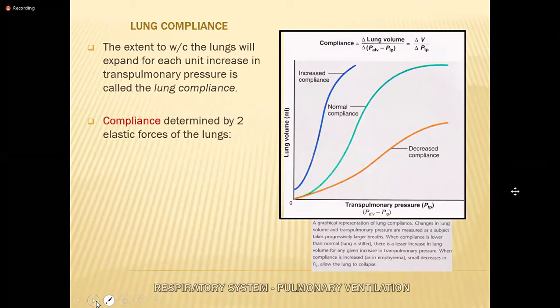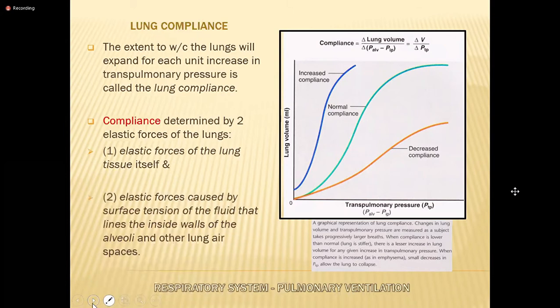Compliance is determined by two elastic forces of the lungs: the elastic forces of the tissue itself and elastic forces caused by the surface tension of the fluid that lines the inside walls of the alveoli and other lung air spaces.